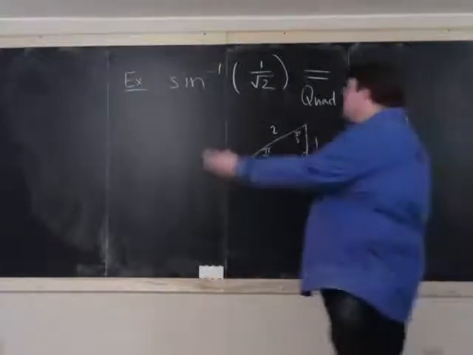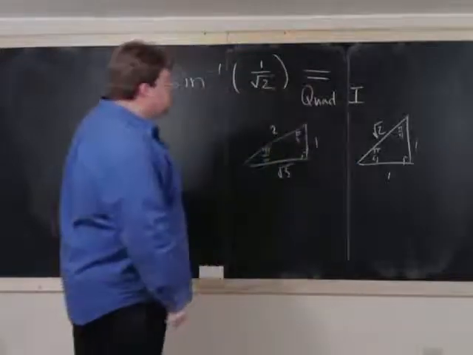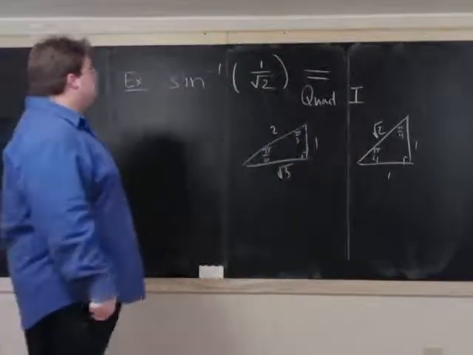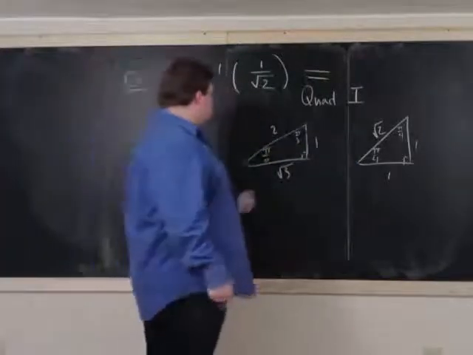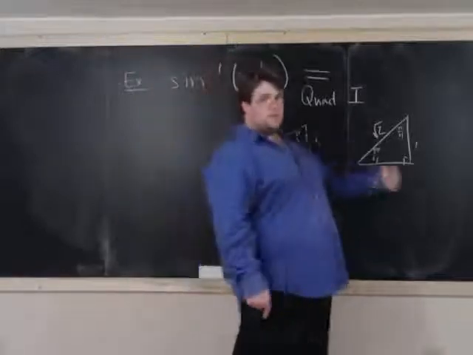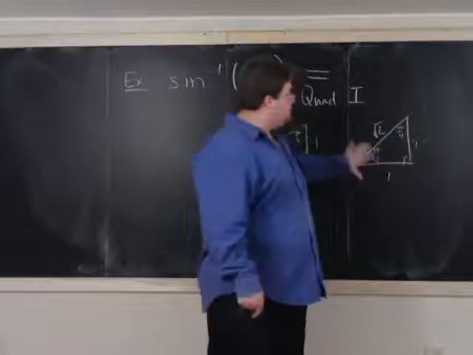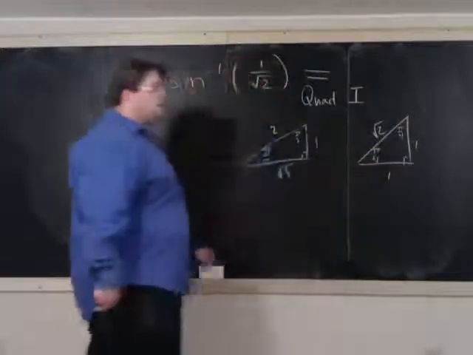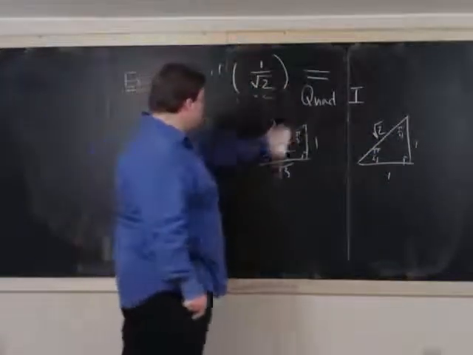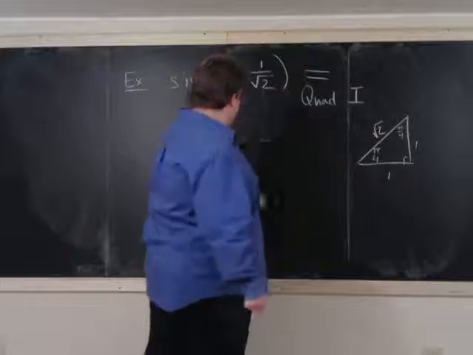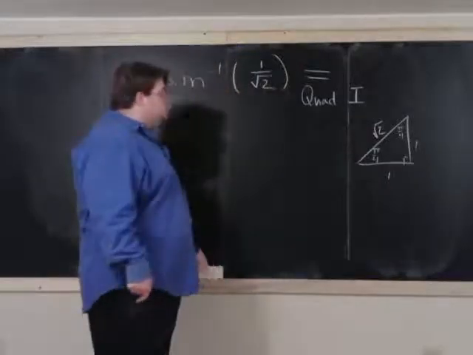And then I look at these numbers and figure out which triangle has those numbers. Well, this is a 1 and a root 2. There's no root 2 there. There's a root 2 there, and there's a 1. So we're going to use this triangle to find our answer. We're going to use that triangle.